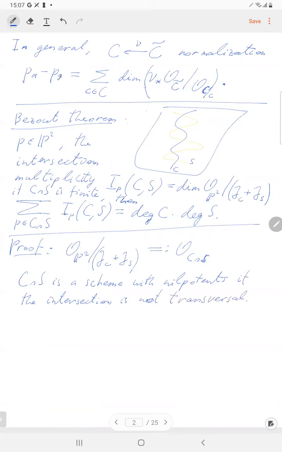Maybe you can illustrate this with an example. I didn't quite hear you. Can I illustrate this? That was the question. Yeah, just some easy example. Yeah, certainly you can have like a parabola tangent to the line, and then this will be k of x modulo x squared, like this.